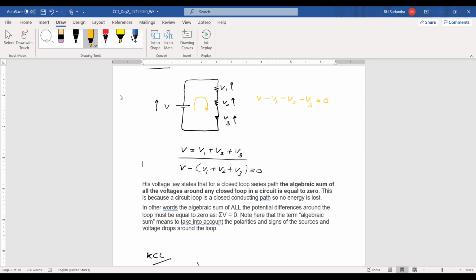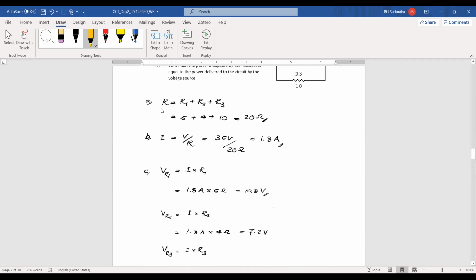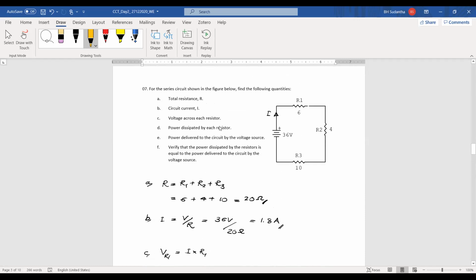Although Kirchhoff's law is theoretically stated like that, practically what we do is take this V in this direction equal to these ones. For example, in the previous question, here we have 36 volts.